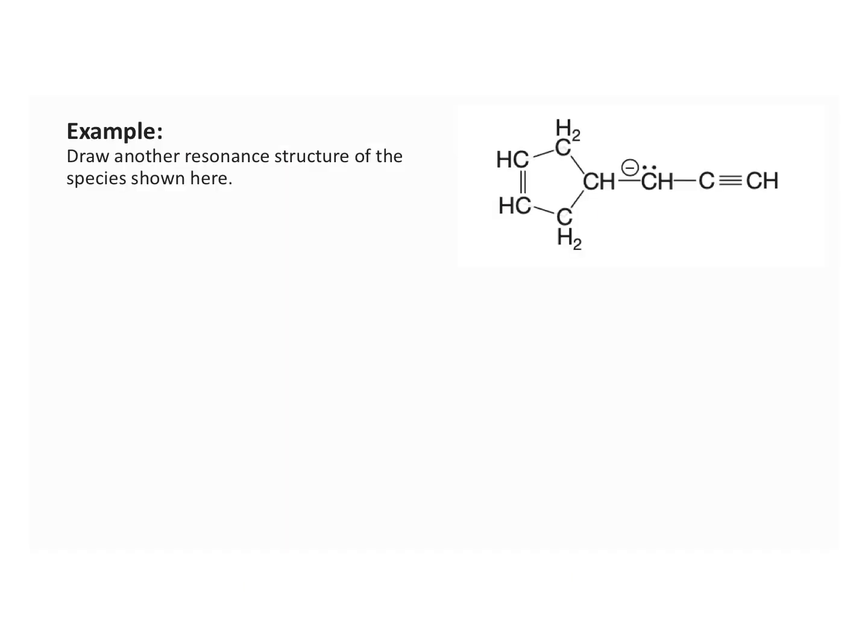So let's do another example. We're going to draw another resonance structure of the species shown here. We need to ask ourselves, what feature does this have? That's how we start these problems.